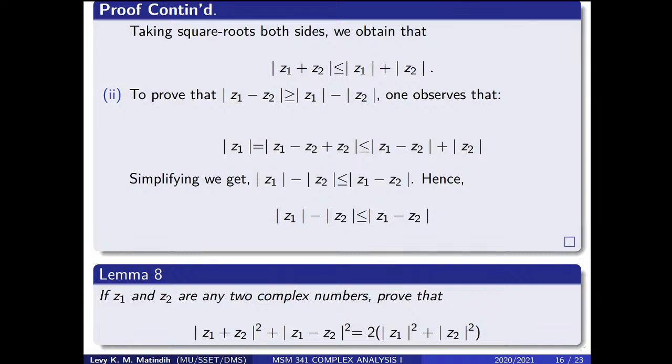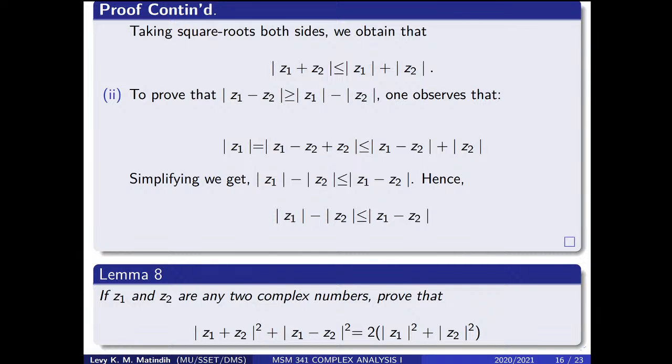Then, by applying the triangular inequality, this is less than or equal to the modulus of Z1 minus Z2 plus the modulus of Z2.